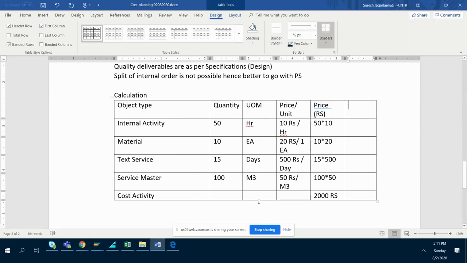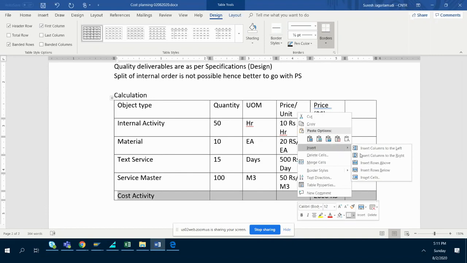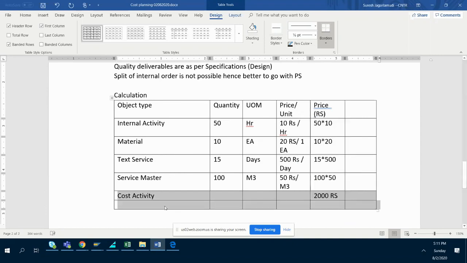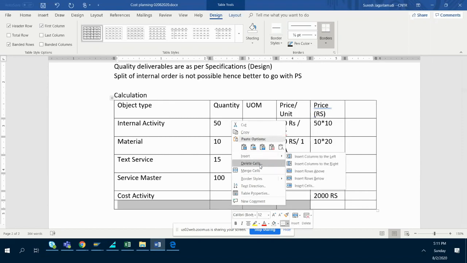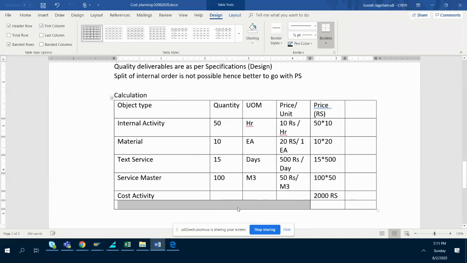If you calculate this one, I think I can insert another row here, and I can say below total. If I say total, how much is going to come as a total, that I can calculate here. I would say merge cell, say total column, total row, and whatever value is going to come here. So I think we can calculate here 500.